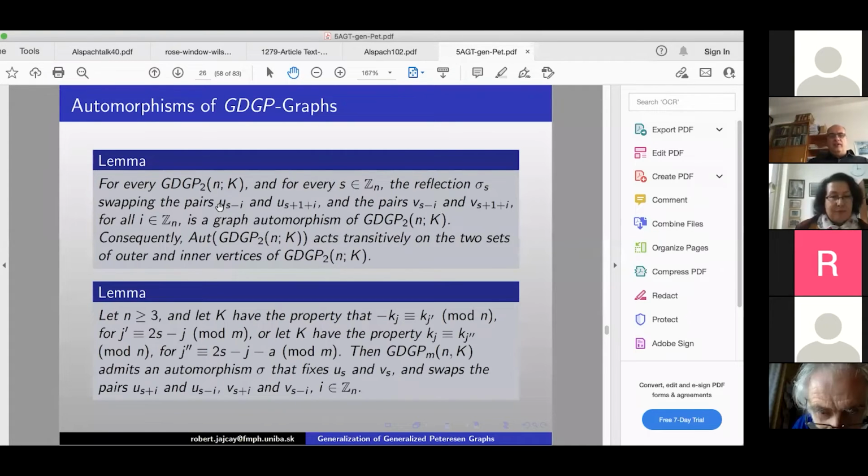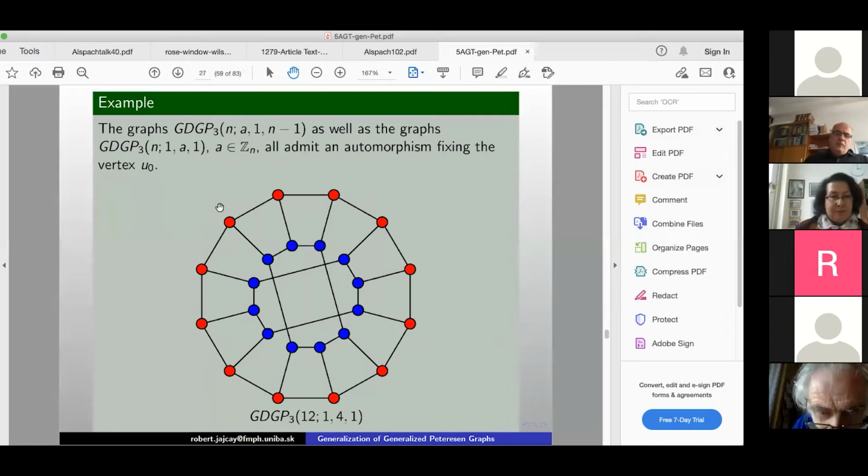As I say, I will not go into this, but under certain circumstances you have specific automorphisms that swap pairs, so these are partially involutions and so on. Proofs are relatively easy. You just exhibit the automorphisms, and it gives you a lot of information about the full automorphism group. Let me just give you an example instead of carefully checking the theorems.